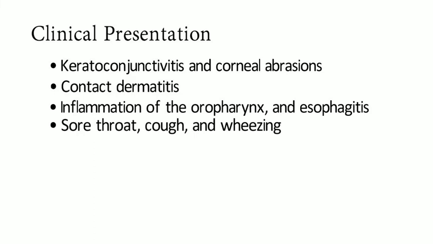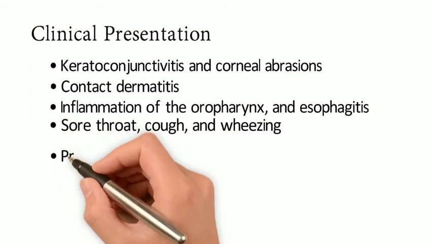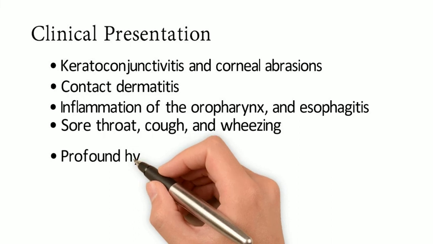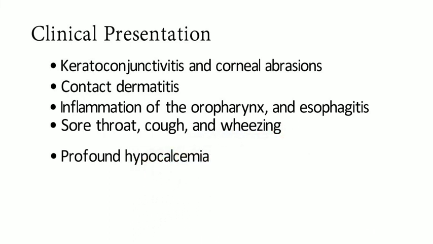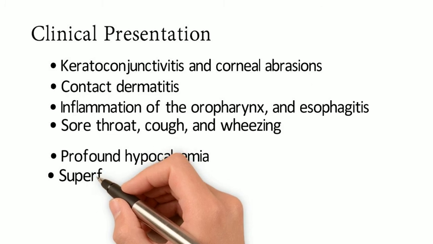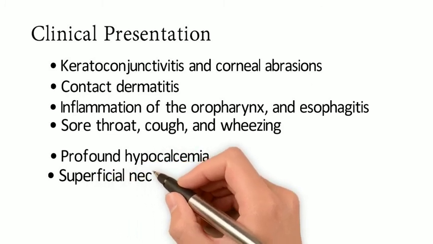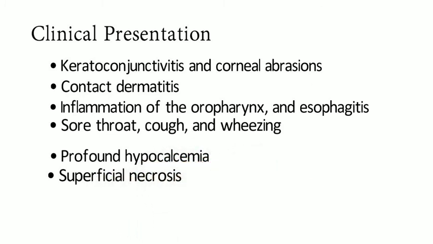Large exposures can even lead to chemical pneumonitis or laryngeal and pulmonary edema. Profound hypocalcemia can also result from ingestion of soluble oxalates, which can clinically manifest as weakness, tetany, convulsions, and cardiac arrest. Later findings include superficial necrosis, which can develop over days after initial contact.